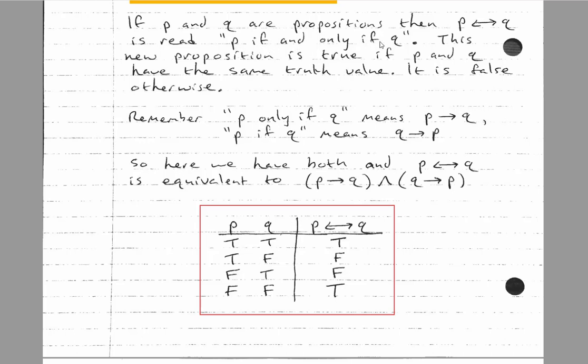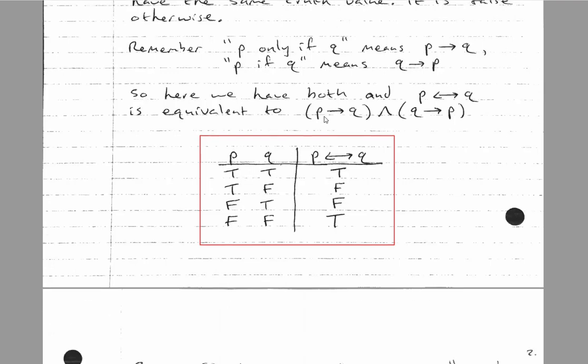So P if and only if Q, that whole thing is true if and only if they have the same truth value. You can also say it P is necessary and sufficient for Q. So implications going in both directions.